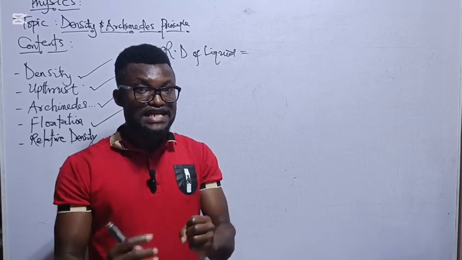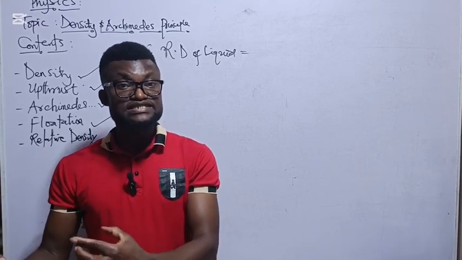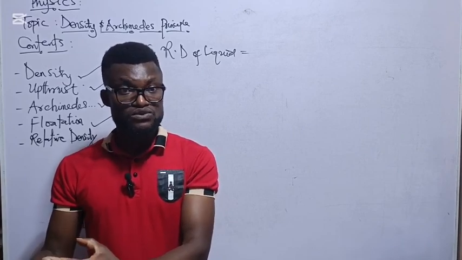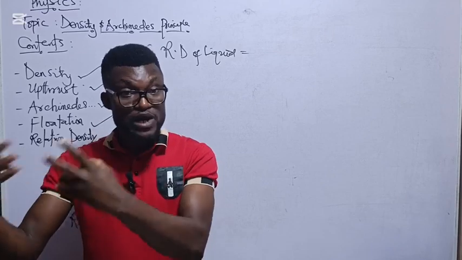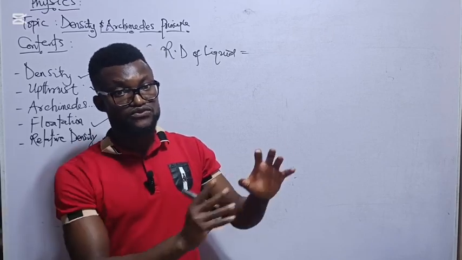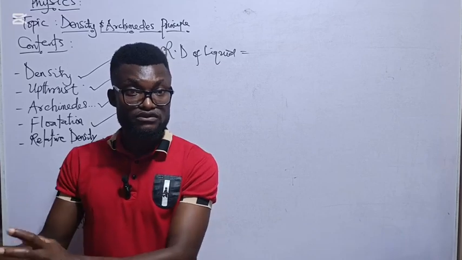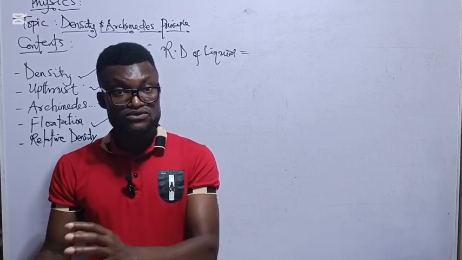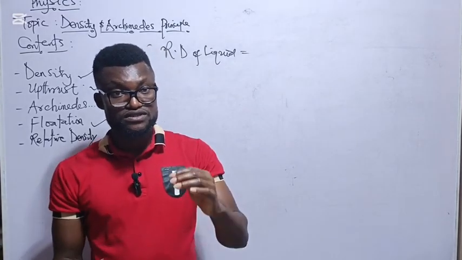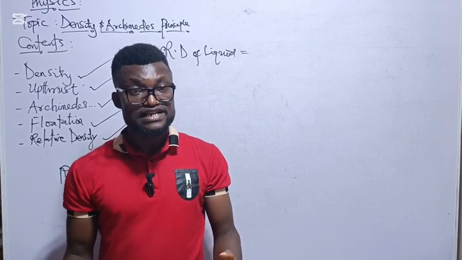Then get that same body and immerse it in water. It will also displace the same volume, which has a weight equal to the upthrust. So in that very case, you've got the upthrust in that very kerosene, and you've also got the upthrust of water. Now, if you divide both, dividing the upthrust of that kerosene by that of water, you get the relative density.